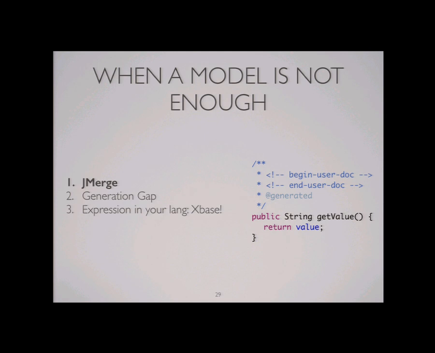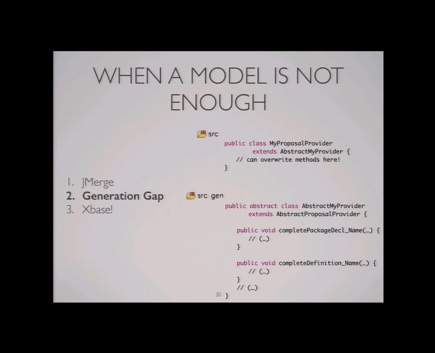It puts a generated annotation in front of the generated method, which basically tells the code generator if there is a generated in front of a method, you can overwrite it. But if the user has removed generated from a method, then the code generator is not allowed to overwrite that method. So the generator leaves the handwritten method as the user has created it. Yeah, that works.